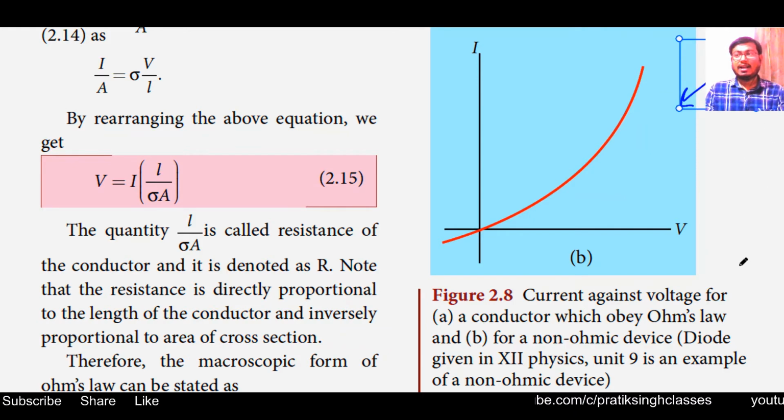It means there are some devices or materials which are conductors but do not follow Ohm's law. Those types of devices are called non-ohmic devices, and the conductors are called non-ohmic conductors, like superconductors or semiconductors. We will see those types of materials and devices in unit 9, second volume of your curriculum.